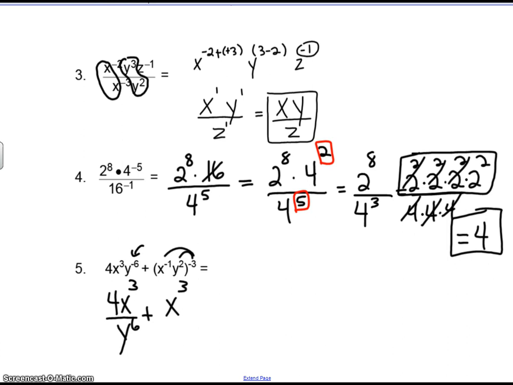And 2 times negative 3 is negative 6. I'm going to put that in the denominator. Okay, notice that these are like terms because their exponents are exactly the same. So that's going to be 4 plus 1 equals 5, x cubed over y to the 6th power.